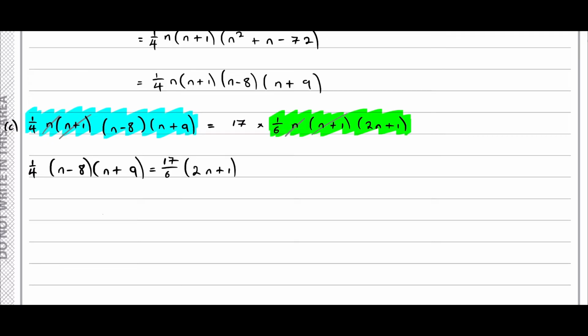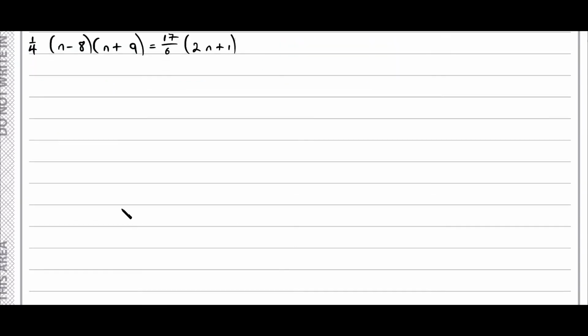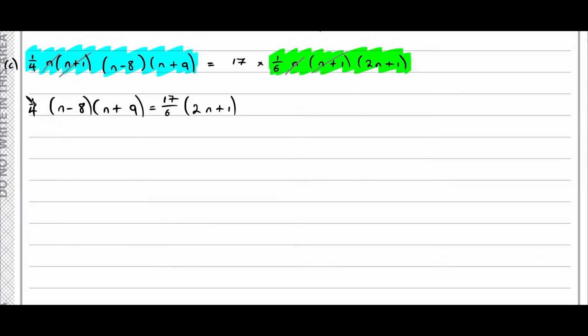And if we simplify all this, if I multiply by 6 and then divide by 17, we have 3 over 34 lots of n minus 8, let's write this neatly, lots of n plus 9, and this is equal to 2n plus 1.